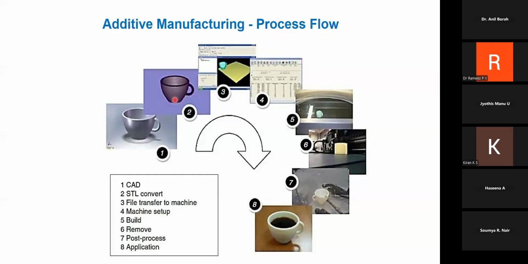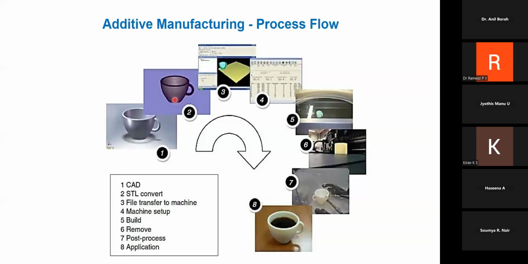For example, if you are doing a design in SolidWorks, by default SolidWorks saves your part file in .sldprt. You can change the format. If you want, you can save it in STL file format itself, or you can save it in IGES. So there are different file formats available in the CAD software itself, so you can do it in that itself, right?